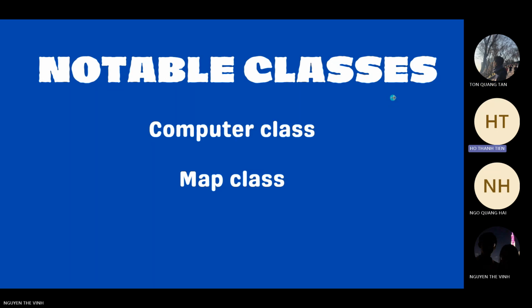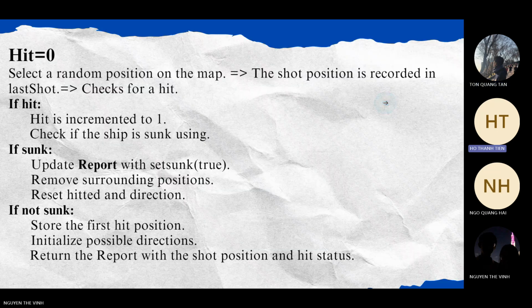So moving on to the notable classes, we will talk mainly about two classes, the Computer class and the Map class. The Computer class is a crucial piece for our single player game, and we control its behavior based on a hit counter. At hit equals 0, a shoot random function will be invoked to select a random position on the map, and the shot position will be recorded in lastShot.